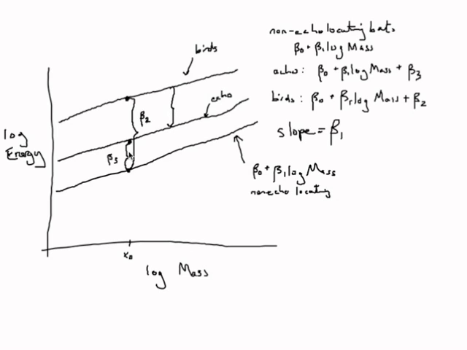I can find that distance if I take beta 2 and subtract off this distance here, beta 3. So we've got this parallel lines model, and our two parameters, beta 3 and beta 2, describe the distances between our three parallel lines.